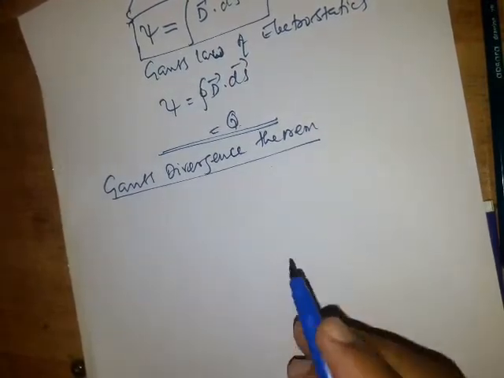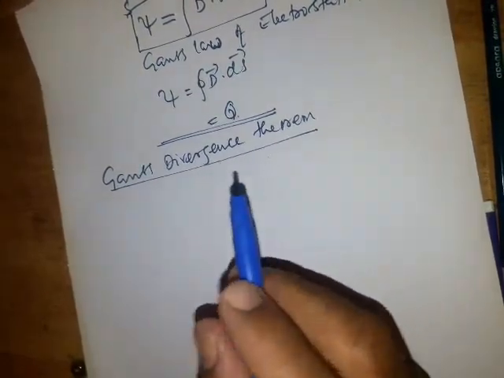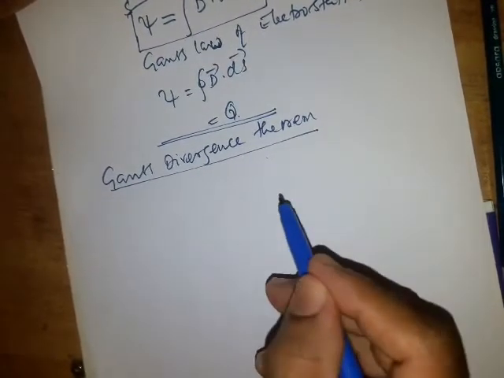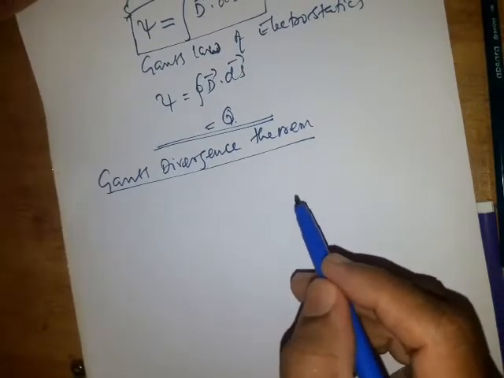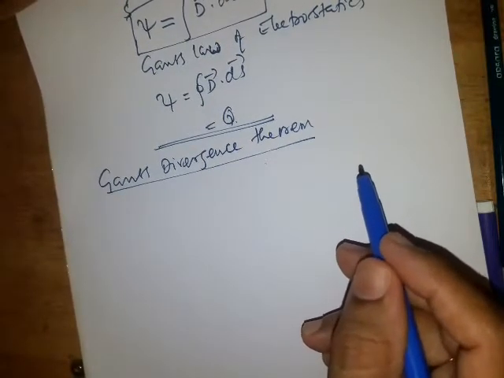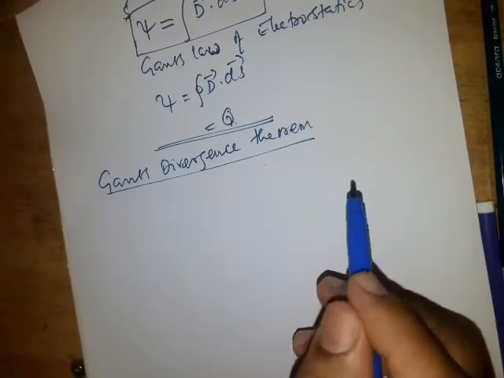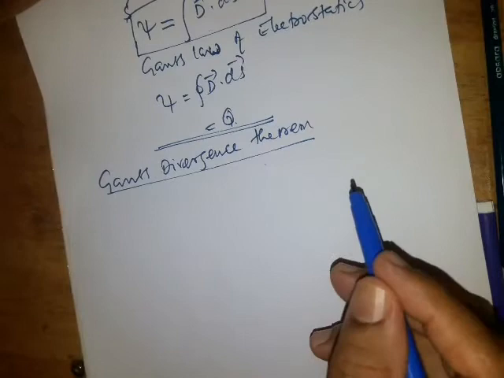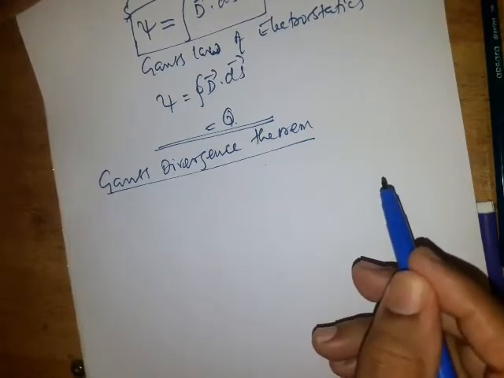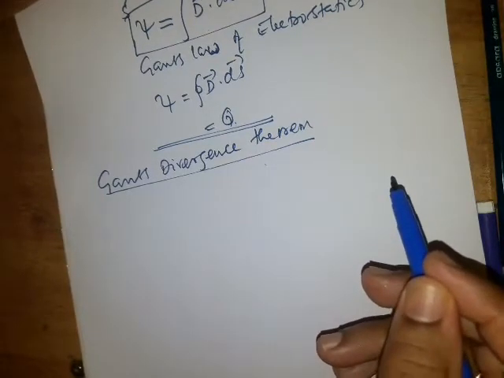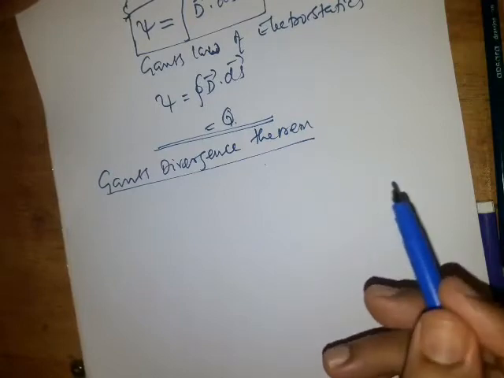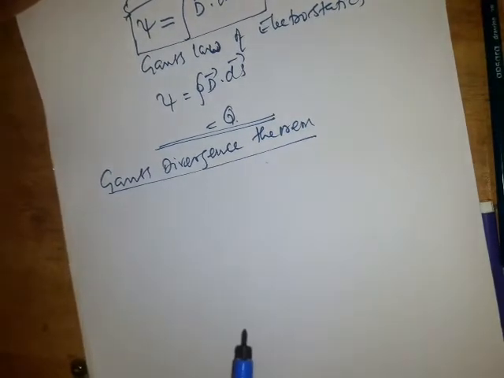It tells us that the surface integral of the normal component of the flux density over a surface in an electric field is equal to the volume integral of the divergence of the flux density coming out of the space enclosed by the same surface.